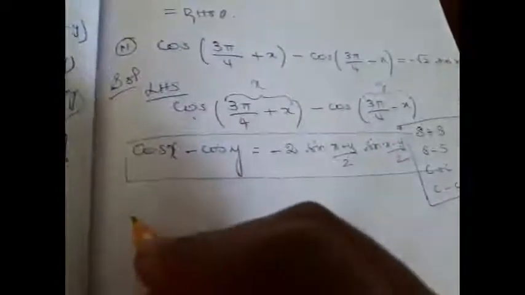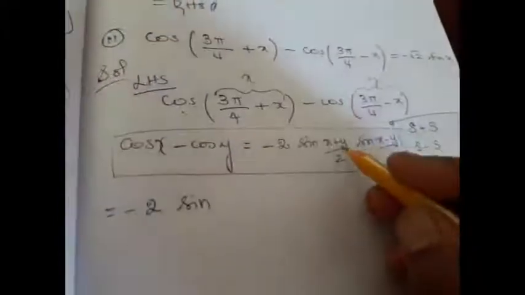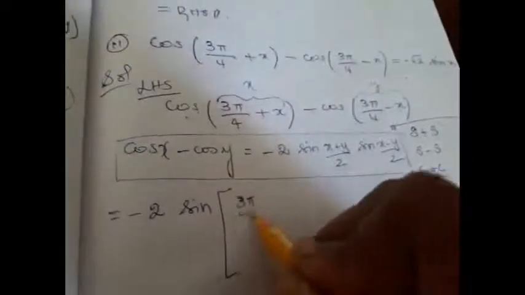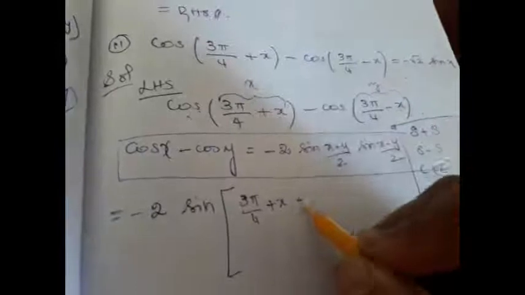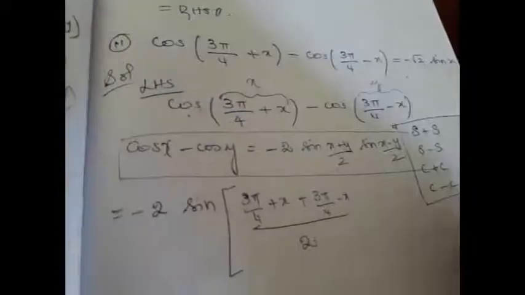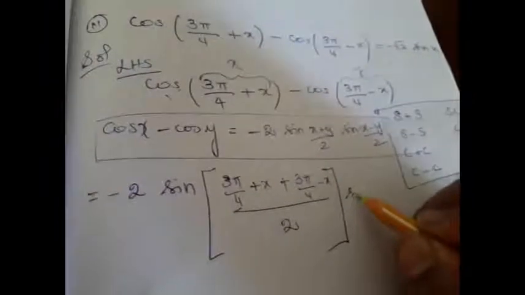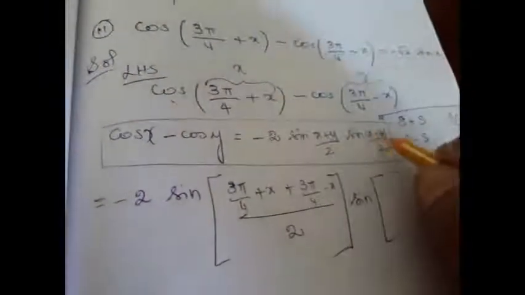So which is equal to minus 2 into sine of (x plus y) by 2. What is our x? 3 pi by 4 plus x is our x, plus what is your y? 3 pi by 4 minus x is our y, the whole divided by 2, into sine of (x minus y) by 2.